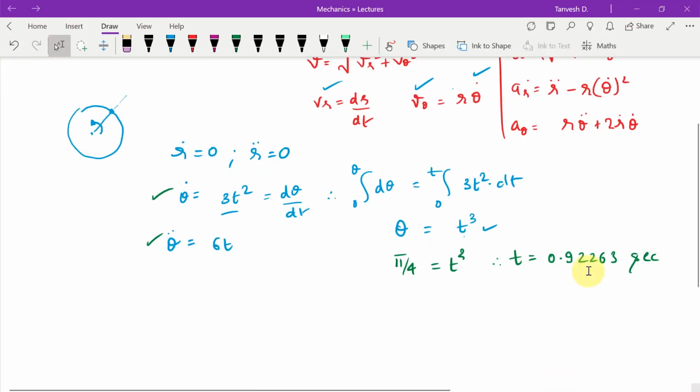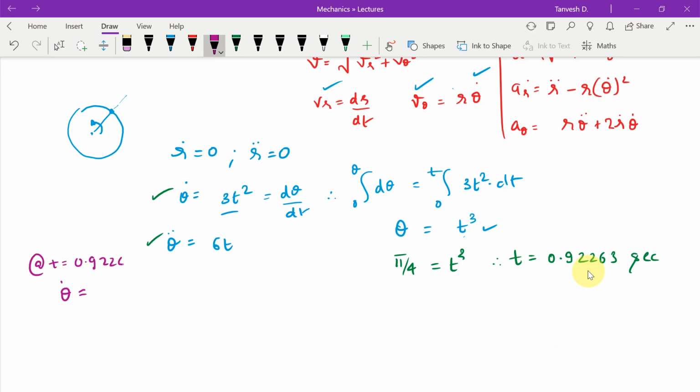So theta dot will be 2.5537 radians per second, and theta double dot will be 6 into 0.92263, which is 5.5358 radians per second square.